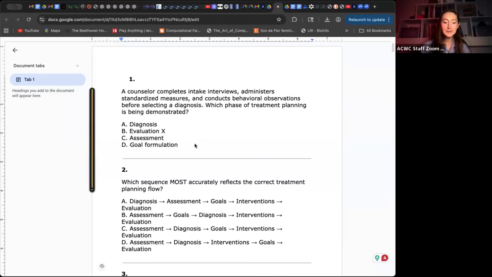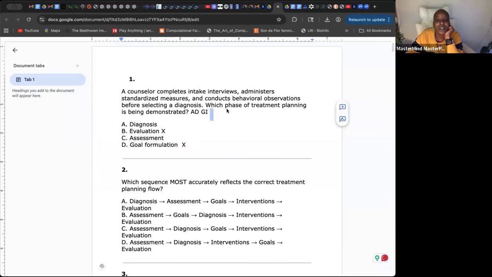Nice job. So we've eliminated two, like Dr. Pam says. Beautiful. And then a small hint here that might help, Mastermind. What helps me is the ADGI. Assessment, diagnoses, goal, and intervention. So which phase of treatment planning? Conducts behavior observations before selecting a diagnosis.